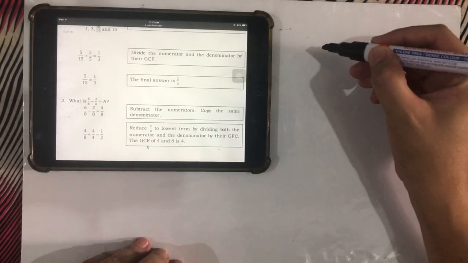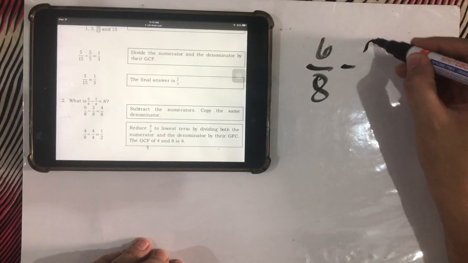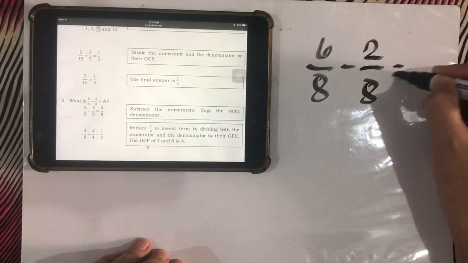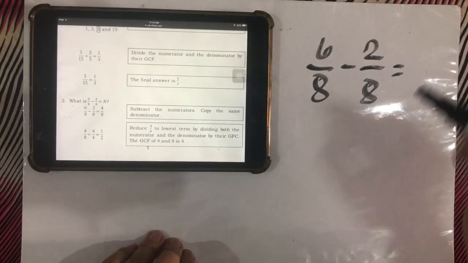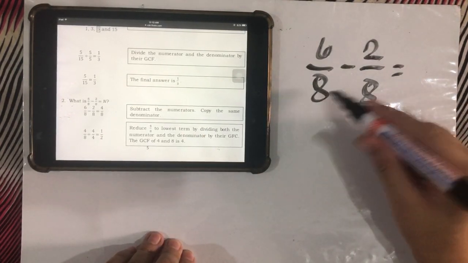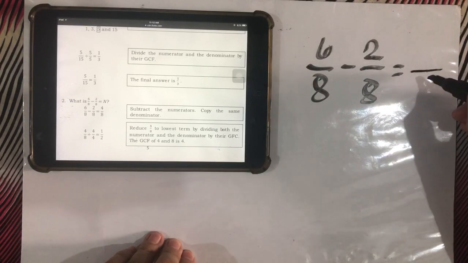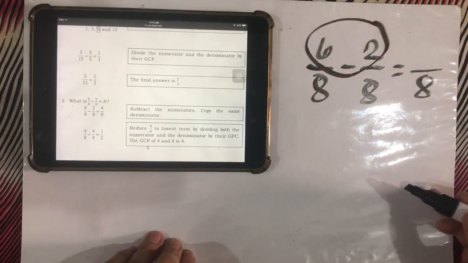So, we have here 6/8 minus 2/8. Okay? Ito yun. You just have to find the end daw. Okay? First, look for the denominator. If the denominators are the same, madali lang, kopyahin mo lang siya. And then, yung numerator lang, ang iyong isa-subtract.